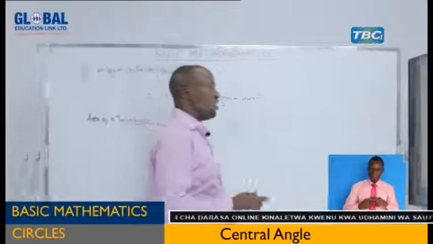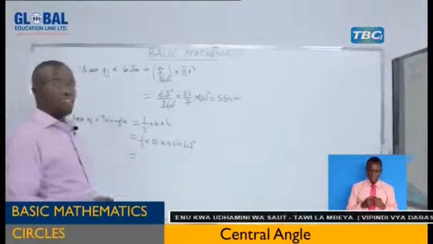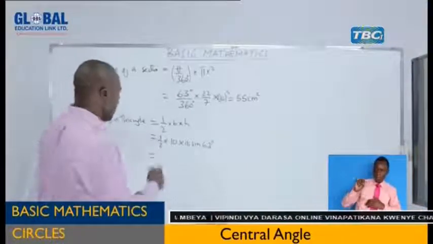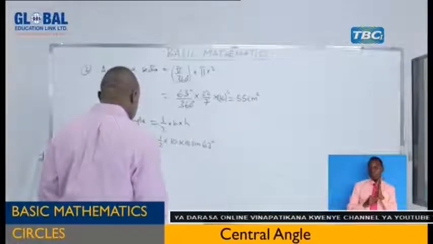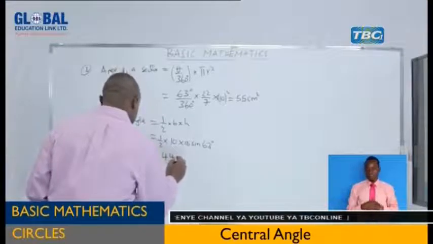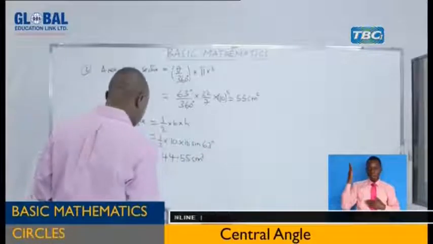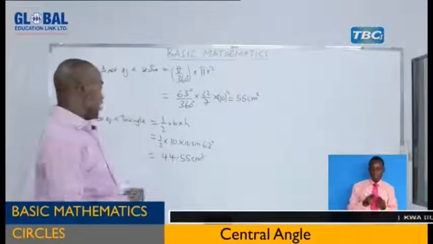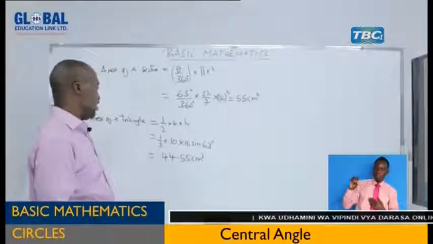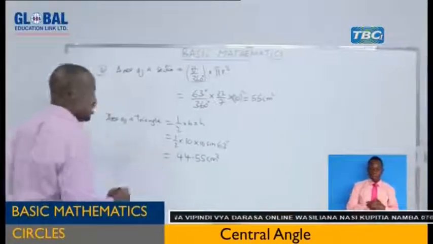Since there is an angle included here, it's just a matter of taking a half. Our base is 10, then our height will be 10 sine of 63. So the area of the triangle is equal to 44.55 squared centimeters.